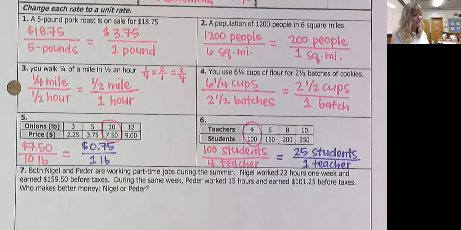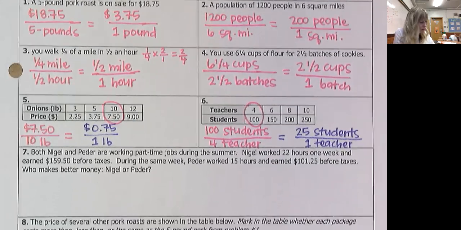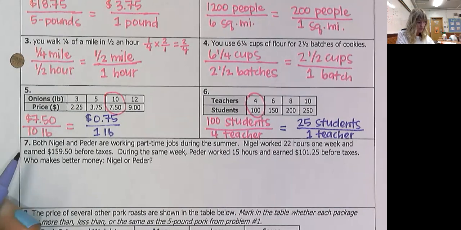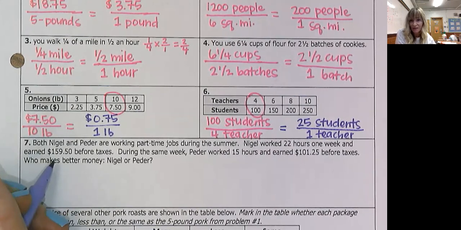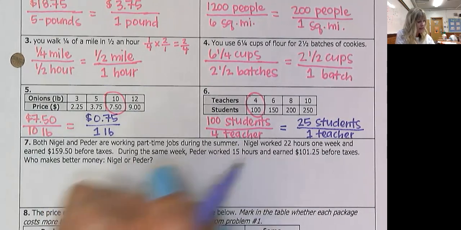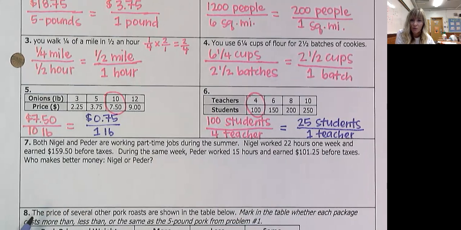We're going to be practicing a ton of unit rates over the next little while. And here's really where they become useful. Look at number 7. Both Nigel and Peter are working part-time jobs during the summer. Nigel worked 22 hours one week and earned $159.50 before taxes. During the same week, Peter worked 15 hours and earned $101.25 before taxes.